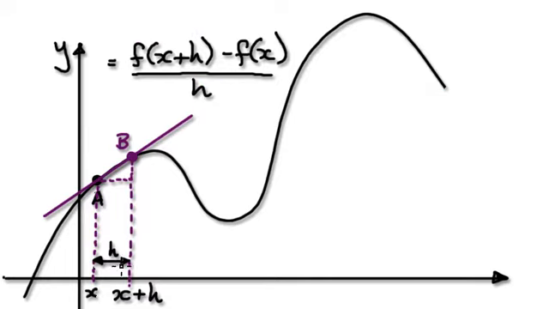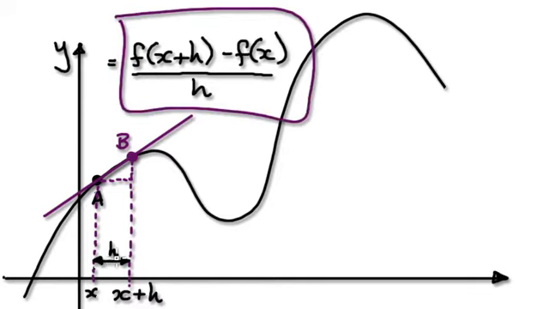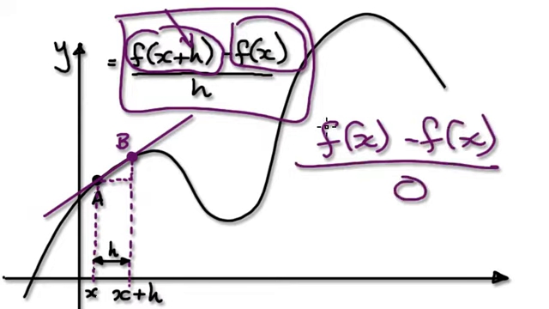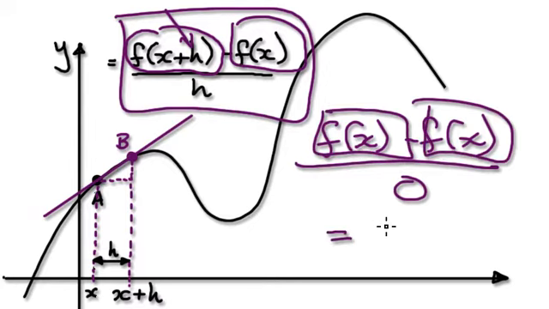Looking at the gradient, x plus h becomes x, so f of x, take away f of x, and then you divide by 0. So in effect, you've got 0 over 0, which is meaningless.